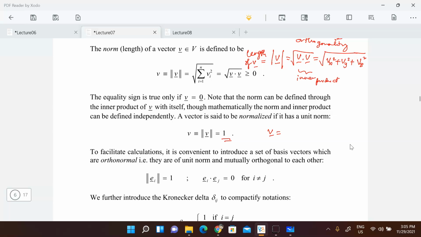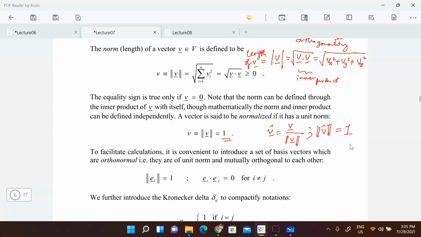Maybe I use that hat thing, it's also being used in Boas, I think. So you have this unit vector v, which is really defined as the vector v divided by the norm.